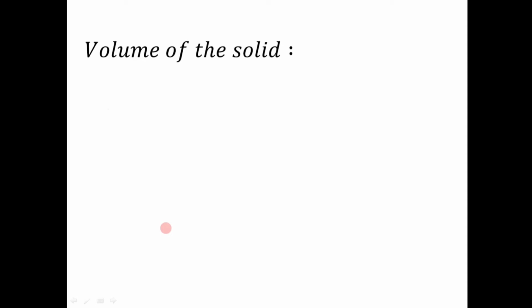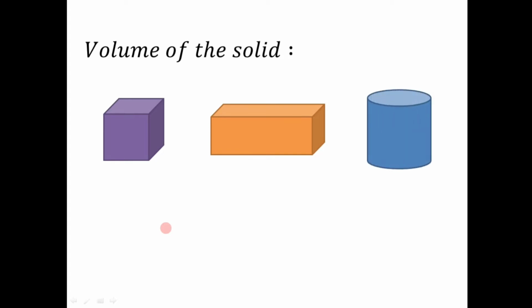Now let's understand what is the volume of a solid. Suppose let us consider this cube and a cuboid or a right circular cylinder. These are three-dimensional diagrams which occupy some space, and the space occupied by these three-dimensional diagrams is called the volume of the corresponding solids.